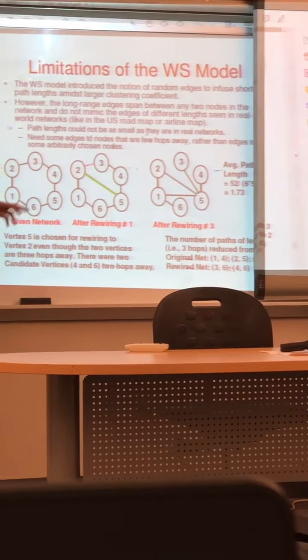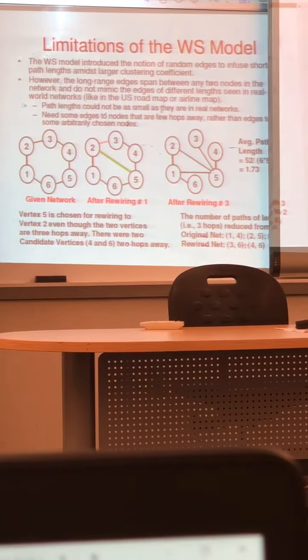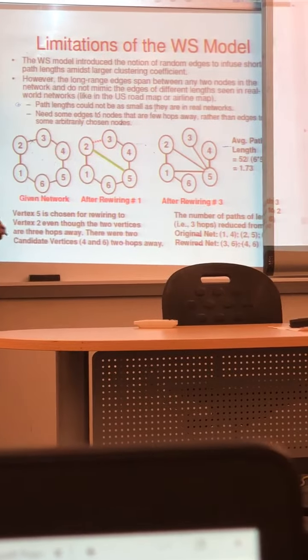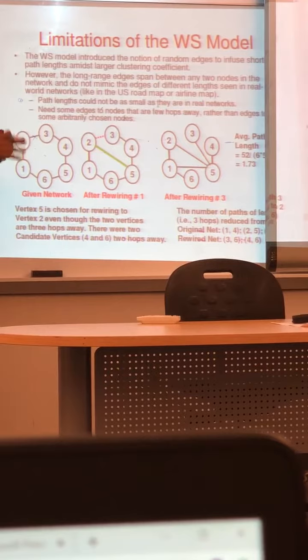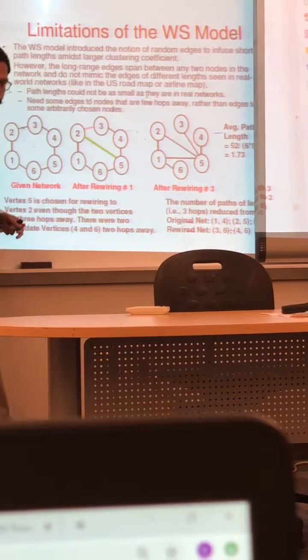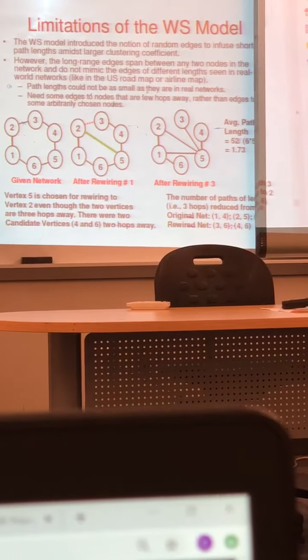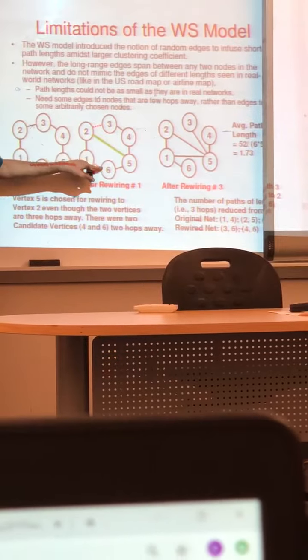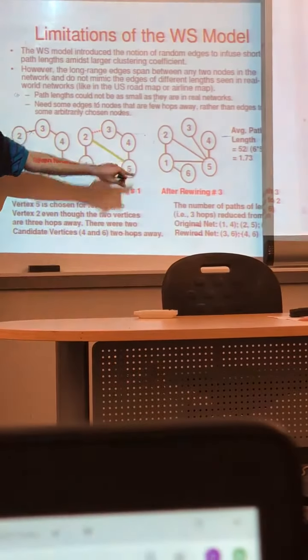If I want to remove this edge 2-3 and connect 2 to somebody else, according to our probability in this Watts-Strogatz model, we end up connecting 2 with 5, which is almost half of the network. You're bypassing these 3 edges and directly connecting 2 and 5.